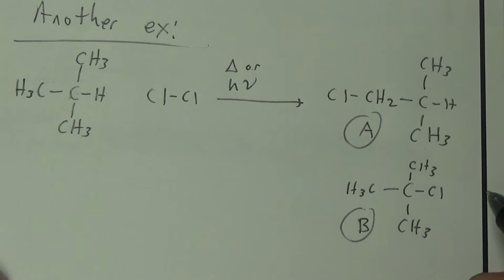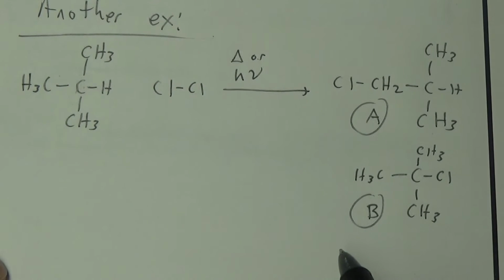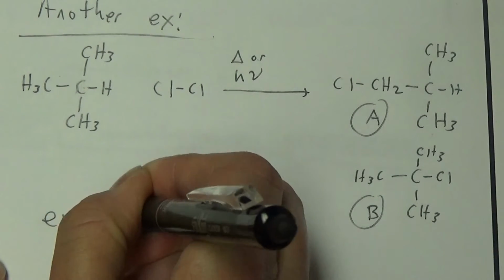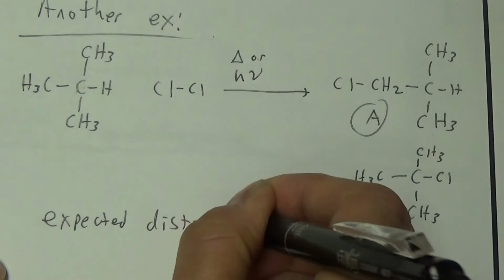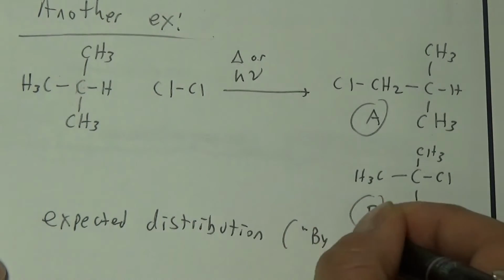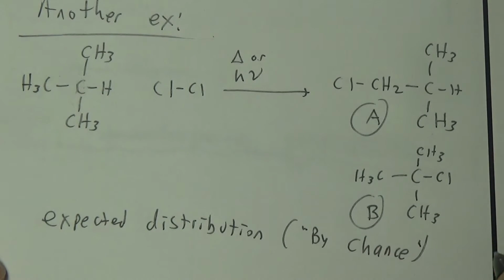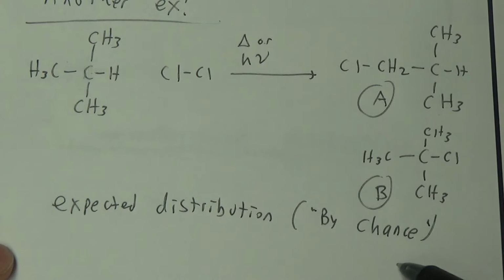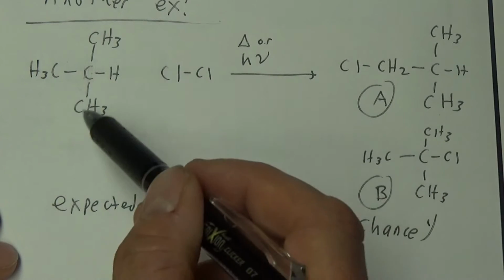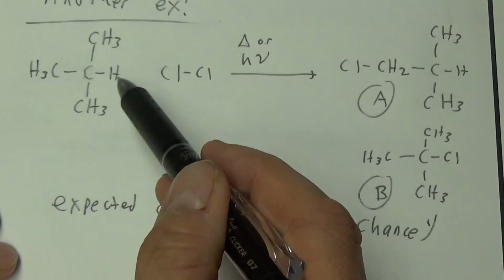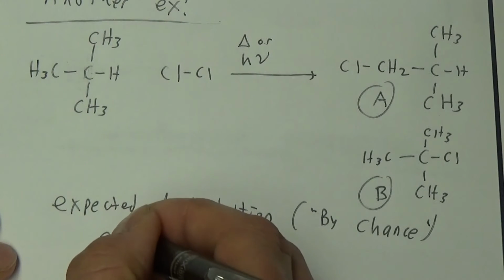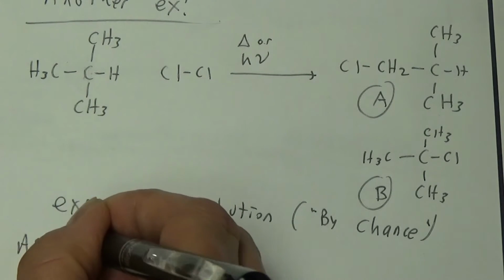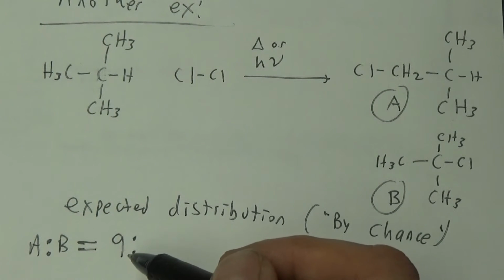We're going to do the same exact thing we just did. What's the expected distribution by chance? If there's no preference for the outside carbons or inside carbon, what would be the expected distribution? It looks like there are 9 hydrogens on the outside and 1 in the middle, right? So A to B is 9 to 1.